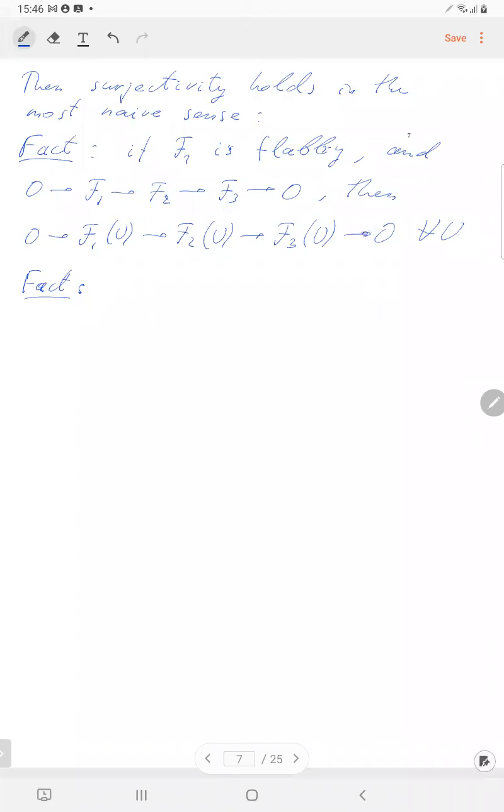Well, yes, it's true. So another fact is that again we have this short exact sequence F1, F2, F3, 0, and F1 and F2 are flabby.